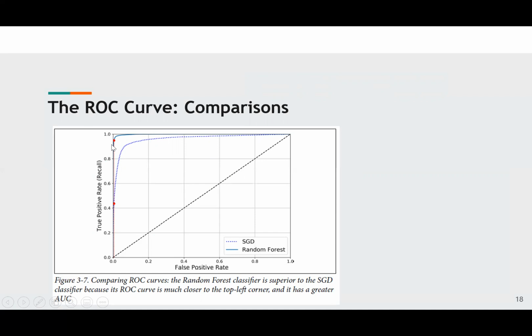Essentially, for the same level of true positive rate, the false positive rate for the random forest is actually lower compared to the SGD classifier.